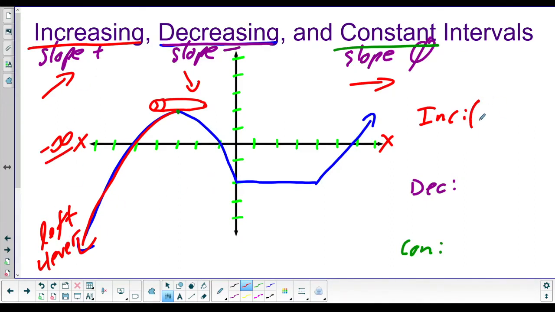So we're going to put parenthesis because you can't ever touch an infinity. It continues to increase till it gets right here, and that lines up with negative 3. All right, so it's increasing from negative infinity to negative 3. We don't include the negative 3 because technically right at the top, we're not going up anymore. You're standing there at the top. Your pencil stays level there.